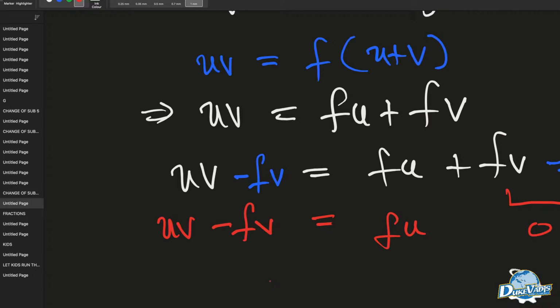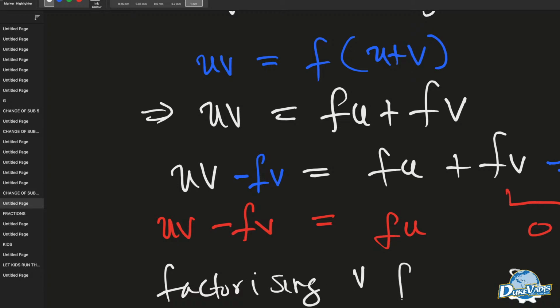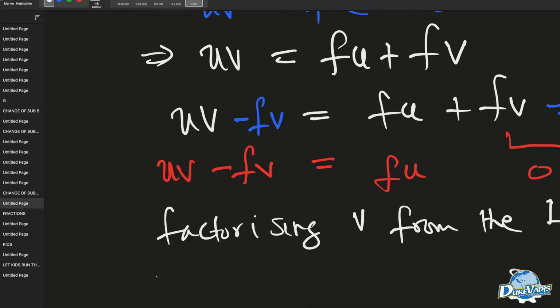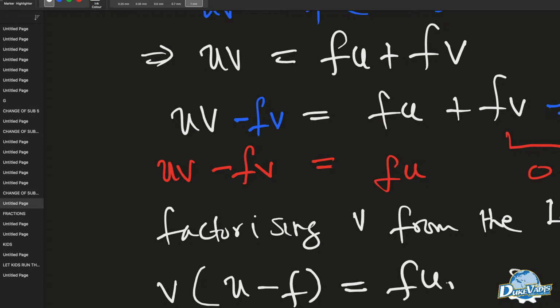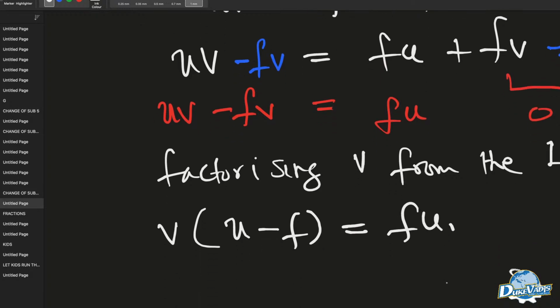Now we got to do factorization on the left hand side. So we say factorizing v from the left, our equation will be v out of bracket u minus f is equal to fu.